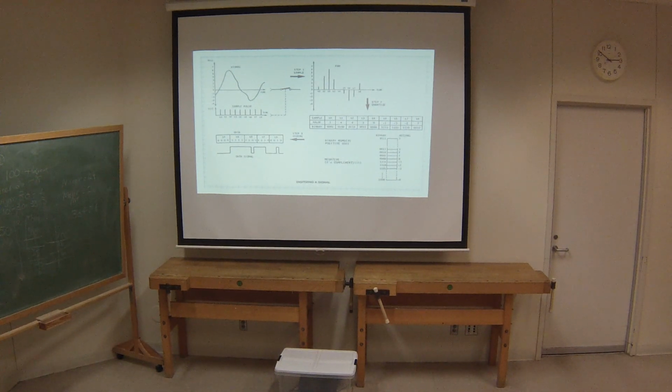These sample pulses are of very short duration, and what it's going to do is basically produce discrete pulses at the output. And these discrete pulses are referred to as PAM, or pulse amplitude modulation.